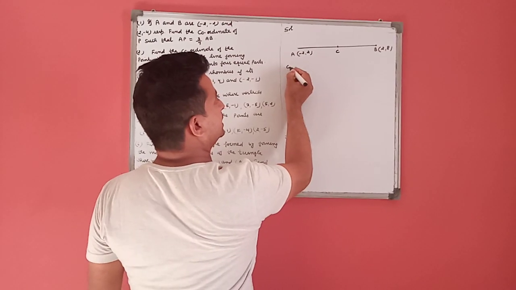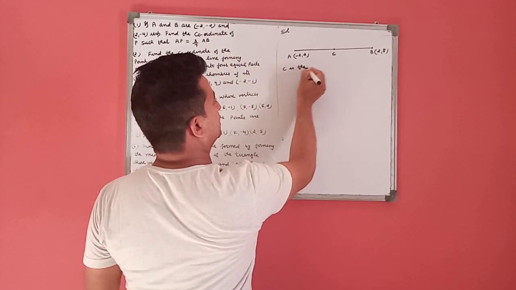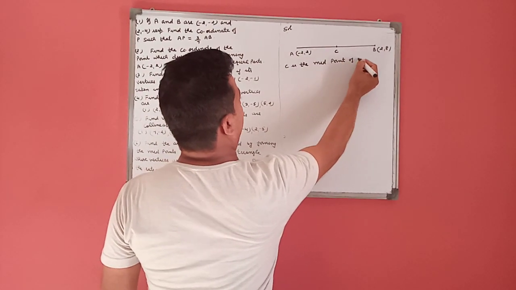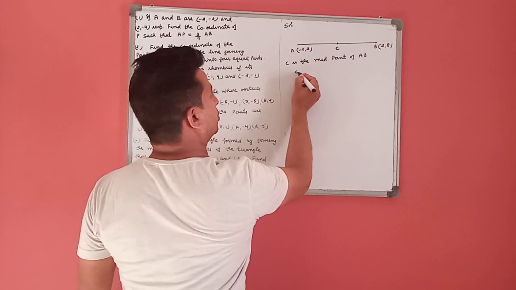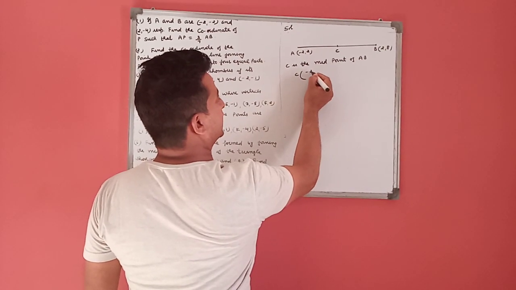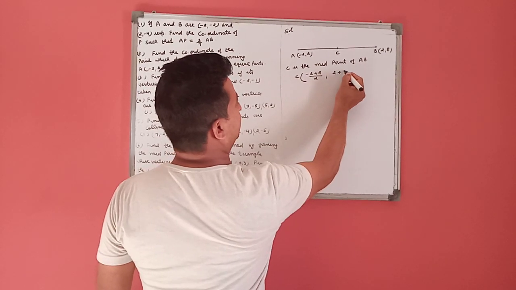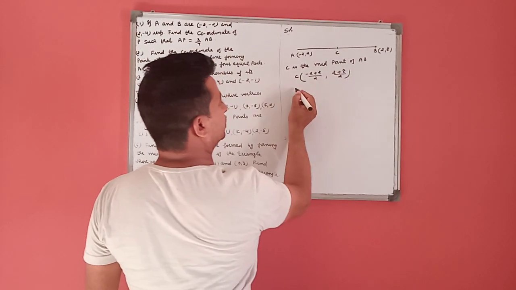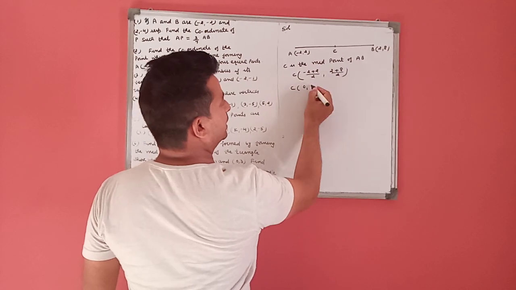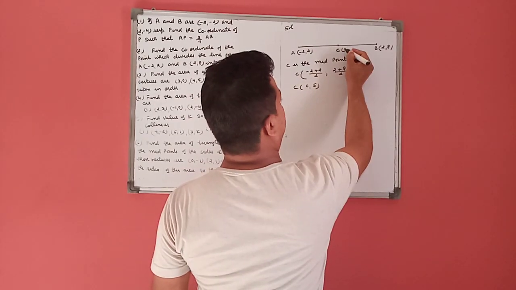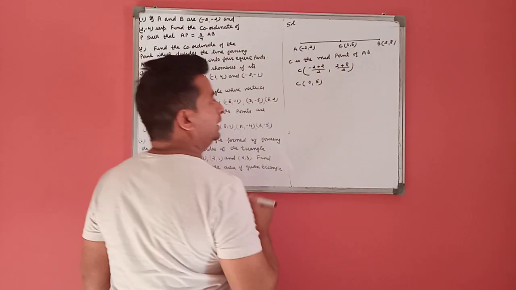For this, C is the midpoint of AB. This means the coordinates of C are (x1 plus x2) divided by 2, (y1 plus y2) upon 2. This means 0, 10 by 2, that is 5. This means the coordinates of C are 0 and 5.